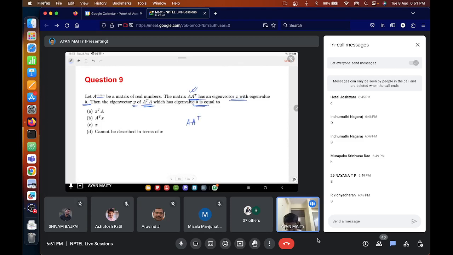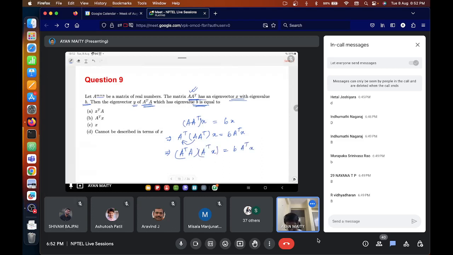So we can write it as A transpose X equals B into X. This X and B, the eigenvector and eigenvalue for the matrix A transpose, are given. Now we multiply A transpose to both sides. Taking this A with this A transpose, we get A transpose A transpose X equals B A transpose X.